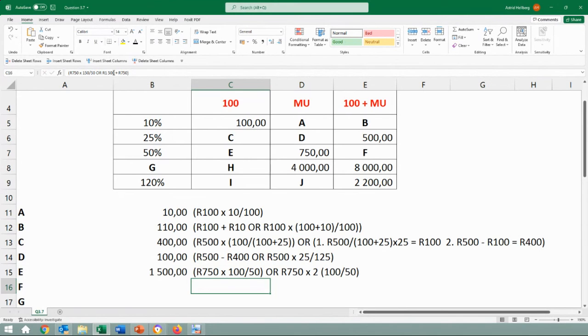Okay, did anyone work it out any other way? Okay, do you guys understand how to get from a profit amount to the cost amount? Does this make sense to you?